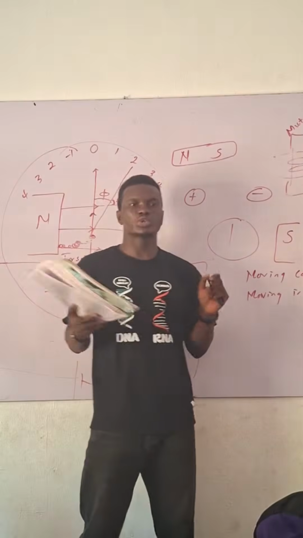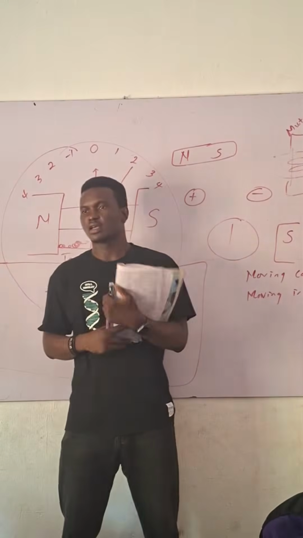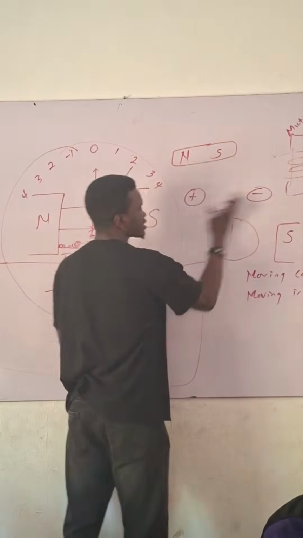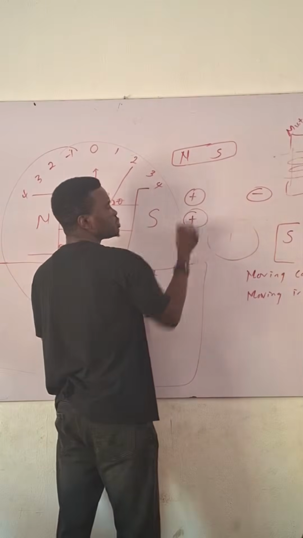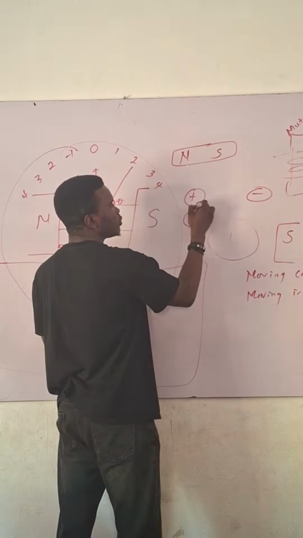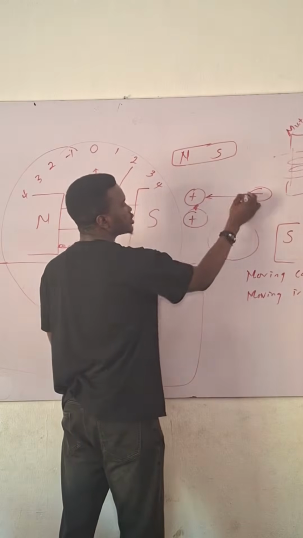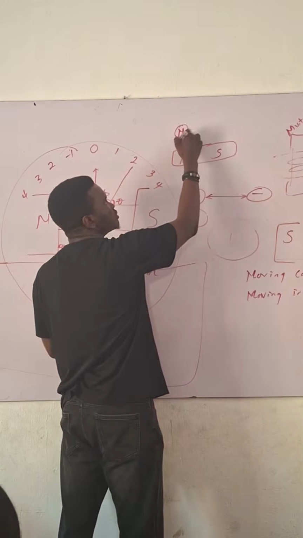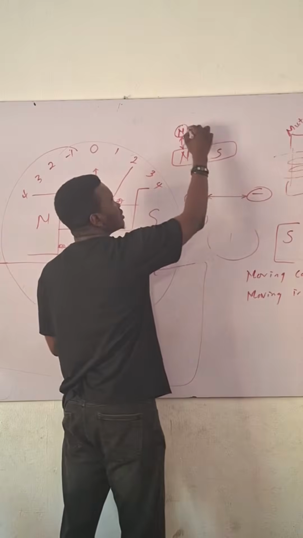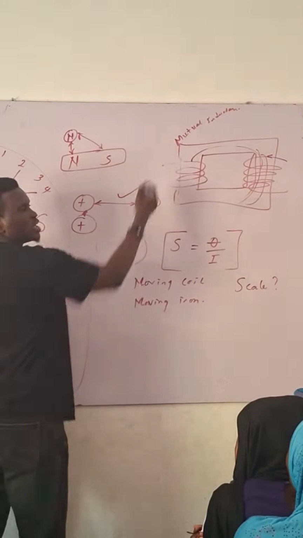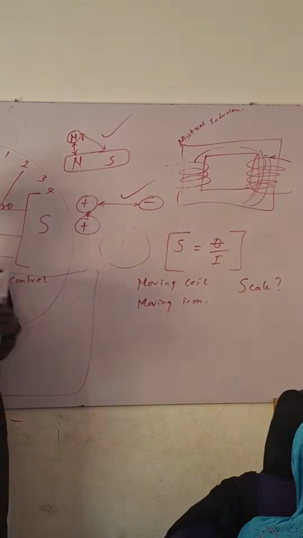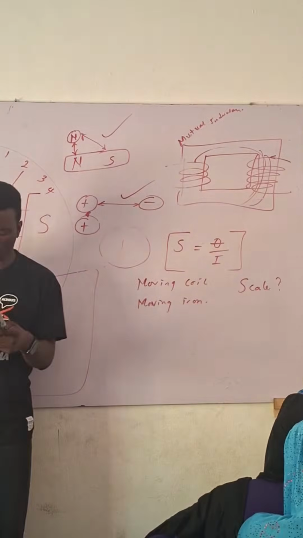Is that statement true? It's true. For positive charges, they repel. For like poles, they repel, and unlike poles attract. For north and north, what happens? For north and south, do you get that? So the same way charges obey this law, magnets also obey the law. Do you get that? So option C is also correct.